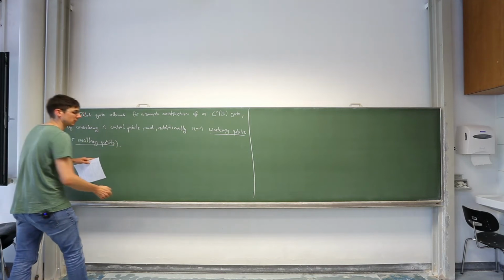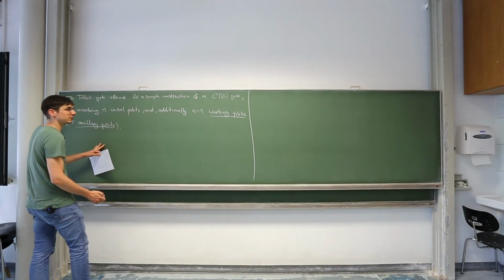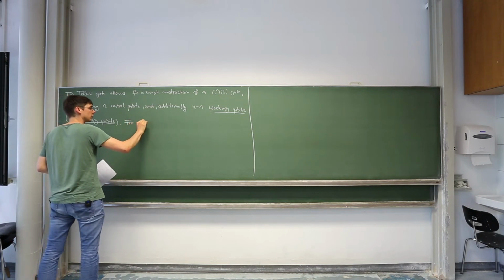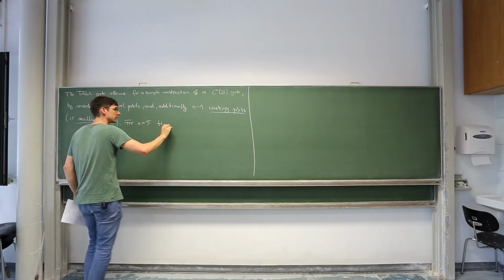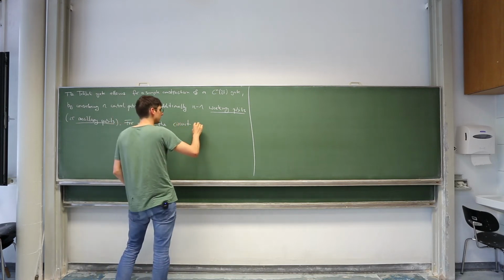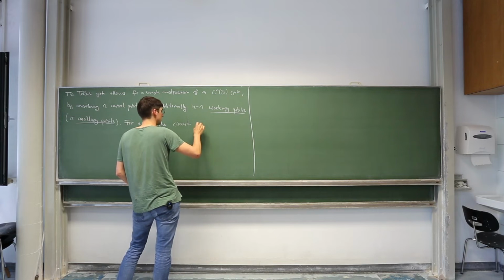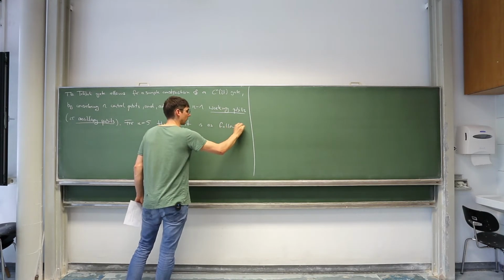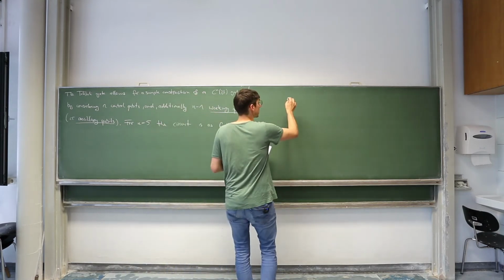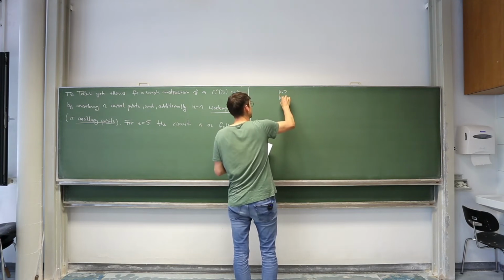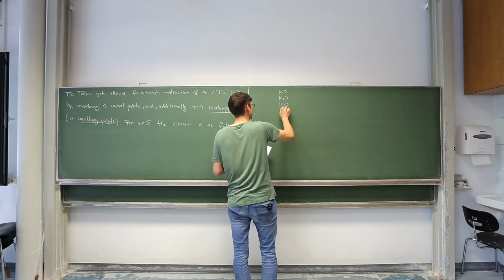So let me now draw the circuit for n equals 5. For n equals 5, the circuit is as follows. So we have our 5 control qubits, C1, C2, C3, C4, C5.